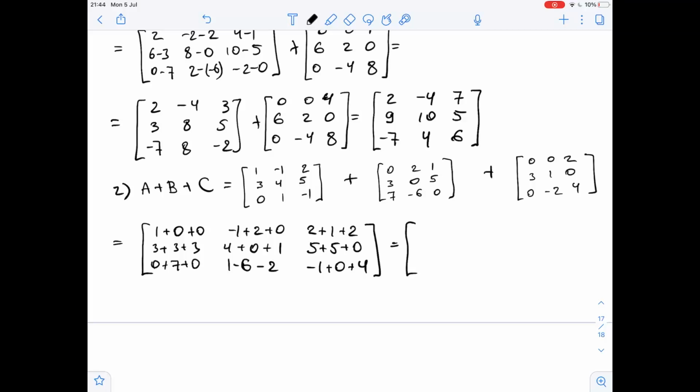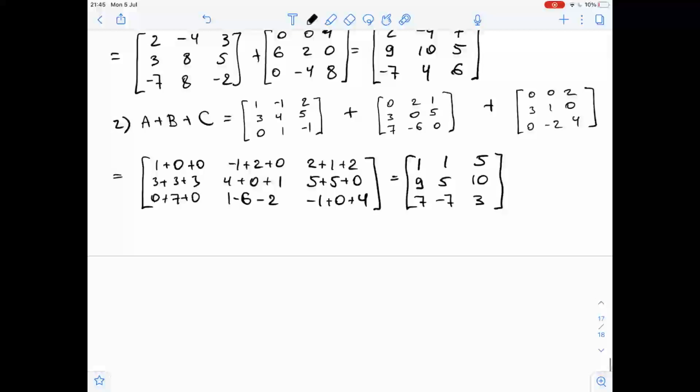Let's do the calculations, and we get 1, 1, 5, 9, 5, 10, 7, negative 7, and 3. So this is the result in the second part.